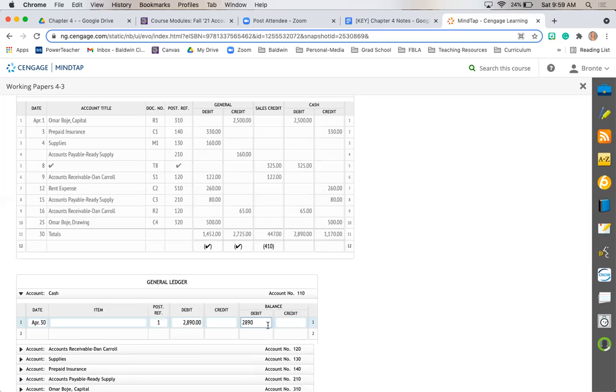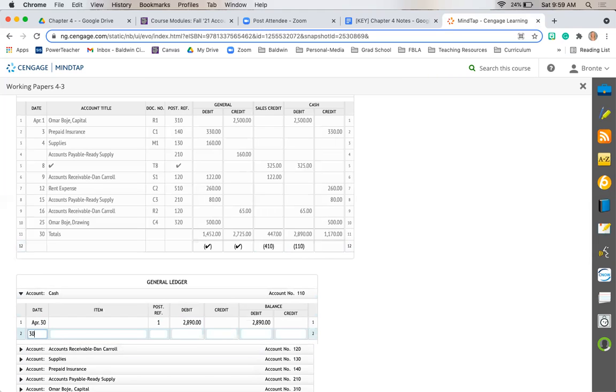Okay, then I'm going to go back up here and I am going to post that account number 110 underneath the debit column to indicate that I have posted cash. Next, I'm going to post the cash credit amount.